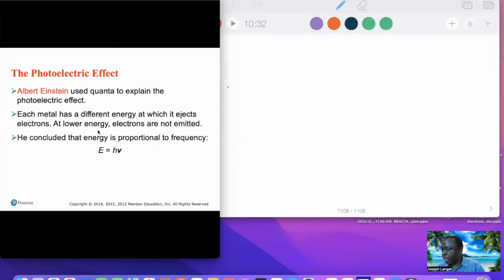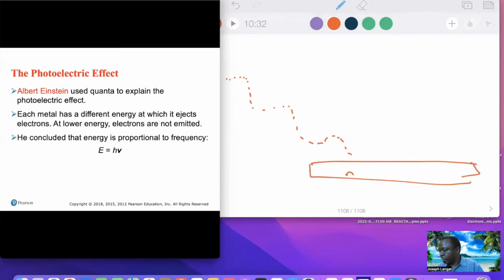So in other words, light comes in small packets, not like a continuous wave. If it hits the metal surface, electrons are ejected. These are electrons being ejected from the surface. This was for the photoelectric effect.